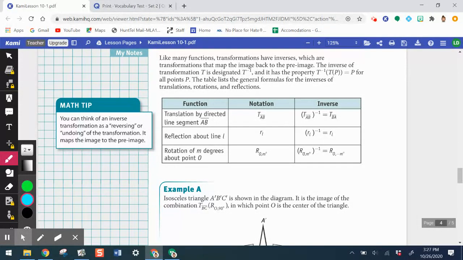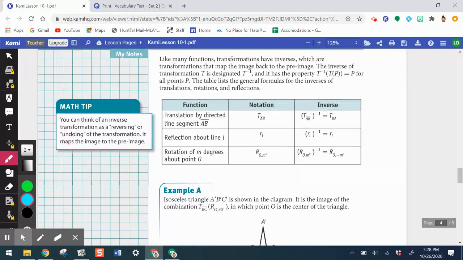Not sure if you covered inverse functions in Algebra 1, but you definitely will see them in Algebra 2 and later in math. And you'll see very similar notation. So the T to the negative first power really just means the inverse of T, in this case, the inverse of the transformation. And it has this property. So the inverse transformation takes the original point back to itself, or the image back to the pre-image.